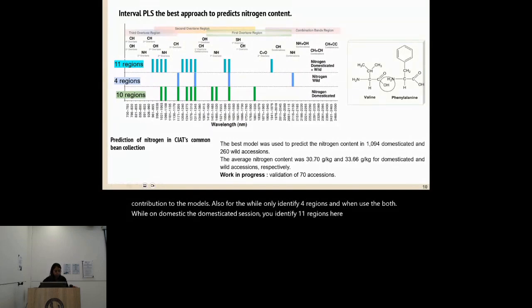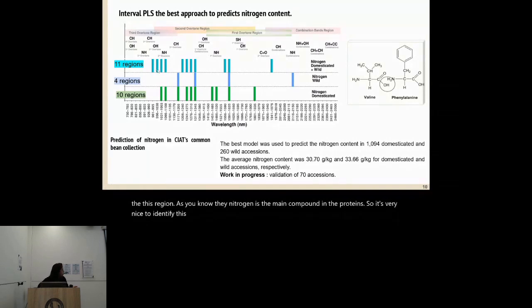Here it is important to highlight 2 regions related to the compounds in the seeds, in the first vector for the HC compounds, also related to the nitrogen content in this region. As you know, nitrogen is the main component in proteins, so it's very nice to identify this part.